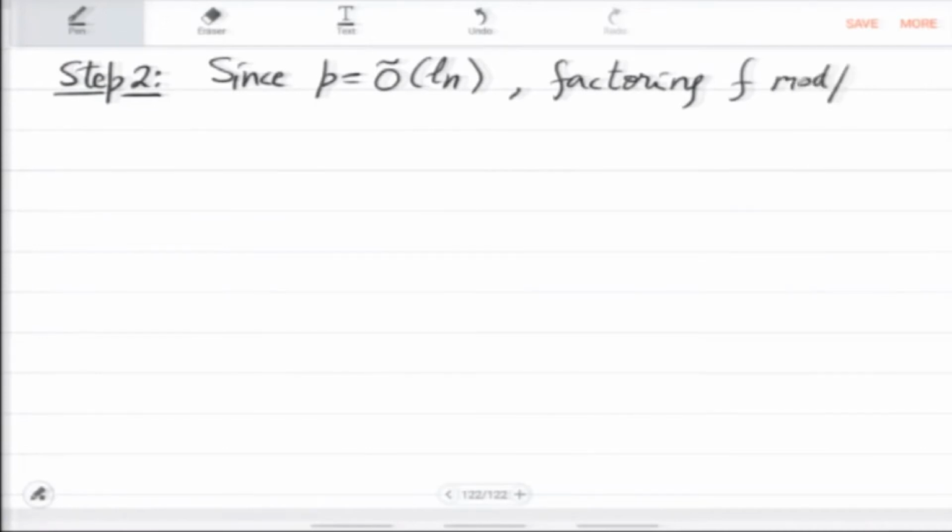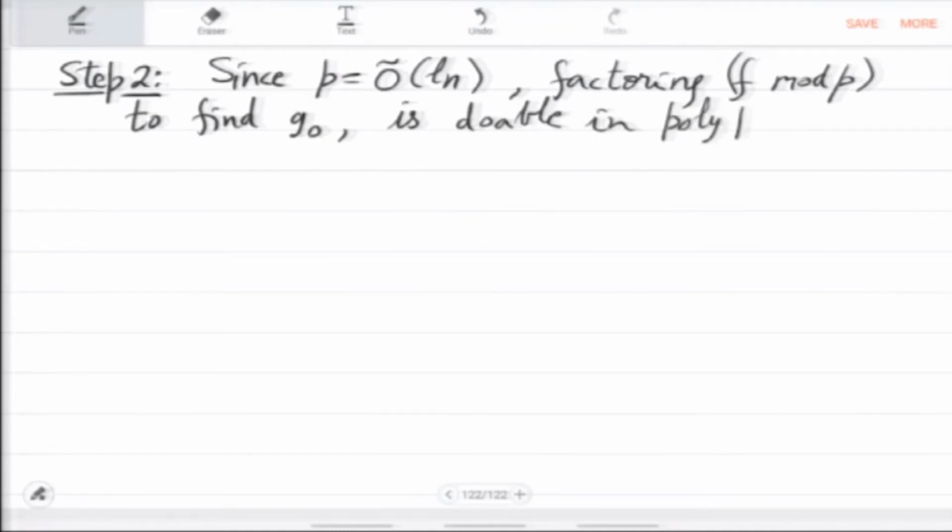Since p is O tilde of L n, around L times n in magnitude, factoring f mod p by Berlekamp to find G0 is doable in time polynomial in the prime p and the degree of f, which is overall polynomial in nL.